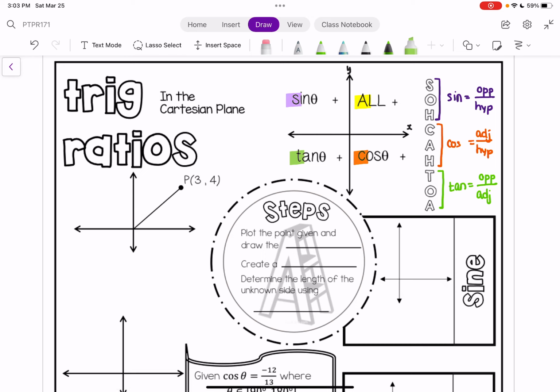So we're going to use this example here, where I've given you a point on the Cartesian plane. And I'm going to just name this angle theta. So what we have is this arm, which we can call the terminal arm.